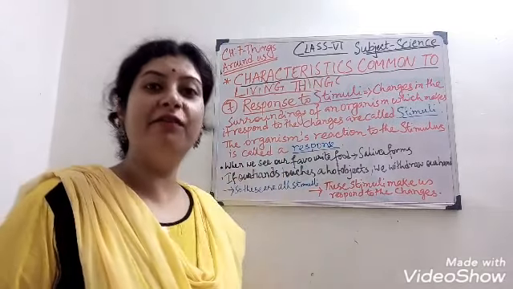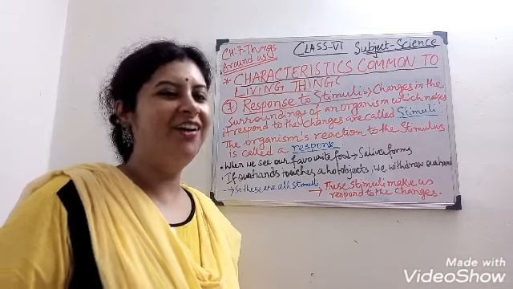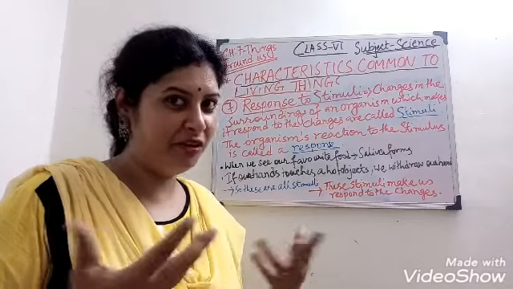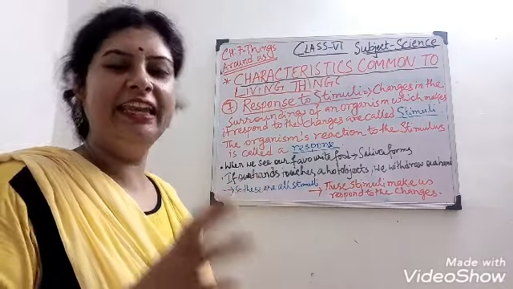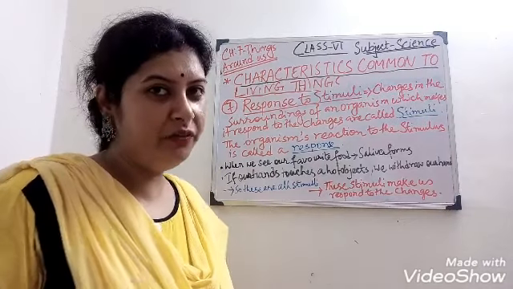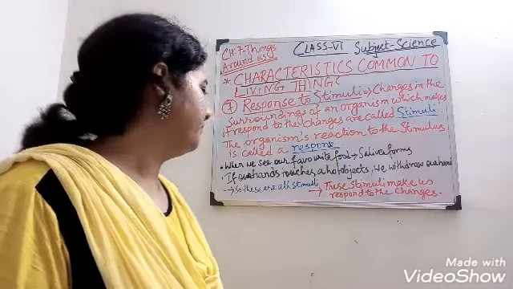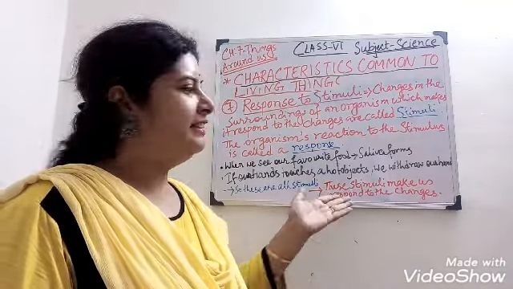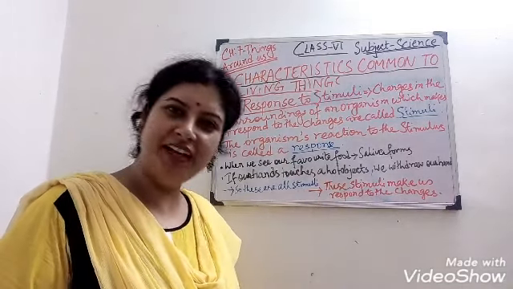When we see our favorite food like biryani, fuchka, what happens, children? Saliva is formed in our mouth. If we touch any hot object, what will we do? We immediately withdraw our hand. So these all are stimuli. These stimuli make us respond to the changes.